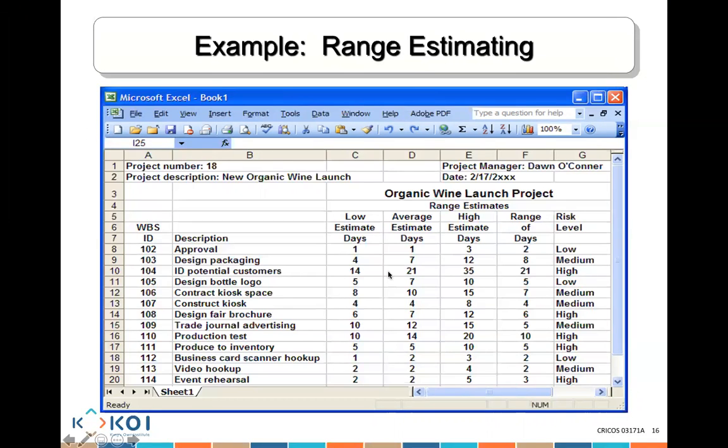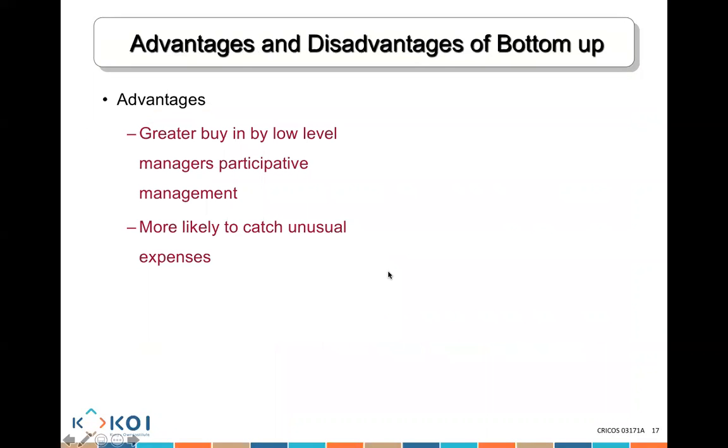Let's move on. So advantages of a bottom-up approach, guys. It's a greater buy-in because you estimated it. You'll say, yeah, I'll do it. I told you how much it's going to take me, and I'll show you I can do it. Because we're estimating in detail, it's more likely we're going to be able to catch unusual expenses.